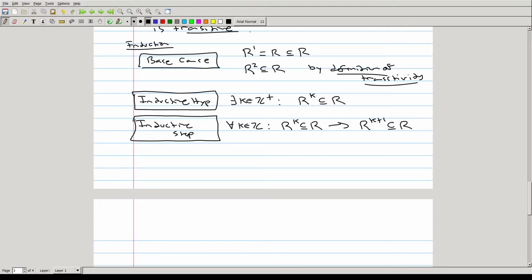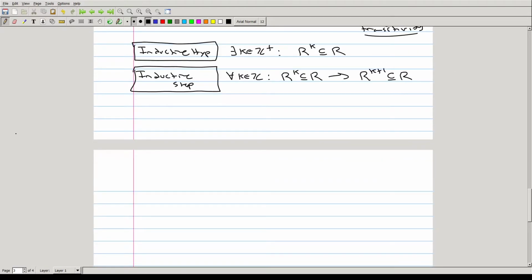And now this is a pretty neat proof here. What we're going to do is assume that R to the k is a subset of R. This is our inductive hypothesis.